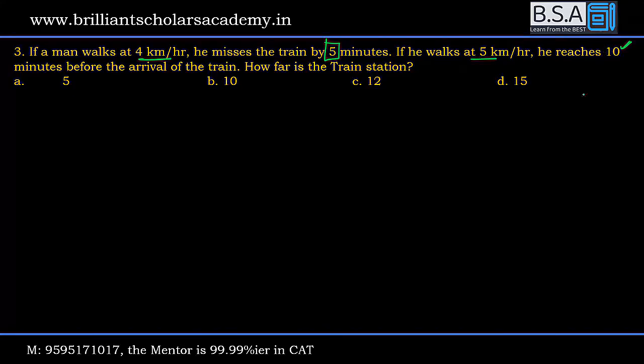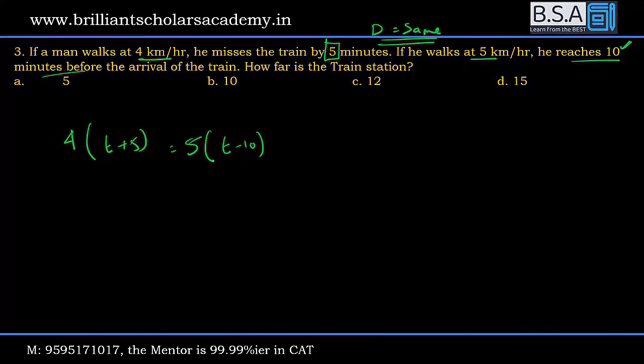So let me solve it through equations first. Can I say the common assumption is the distance is same. Distance is same. So speed into when somebody is late, the person is taking more time than normal. When the speed is high, the person is early before means the person is taking lesser time.